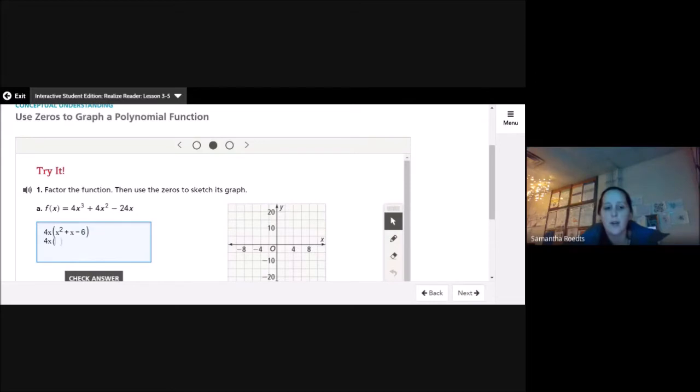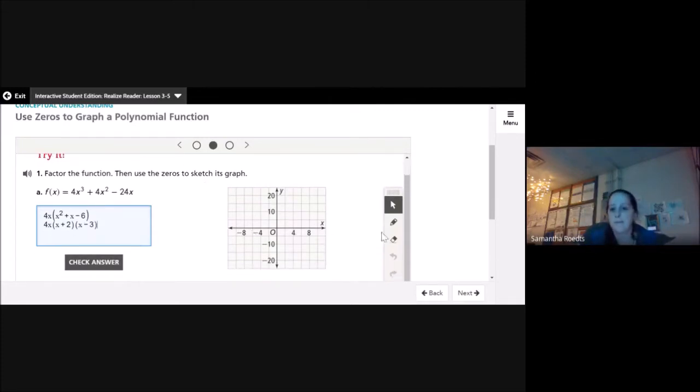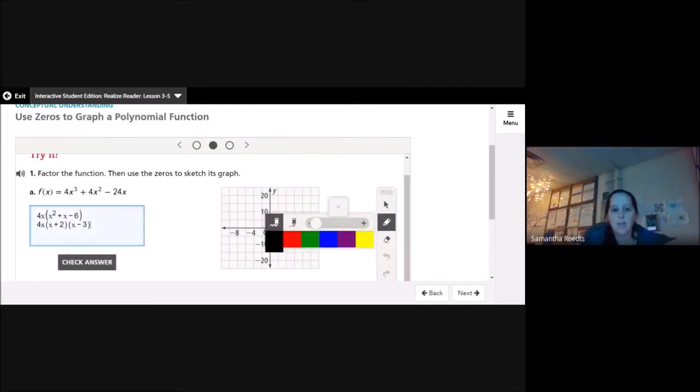Okay, so then I have 4x times x plus 2 and x minus 3. Okay. So that gives me zeros at x equals 0, x equals -2, and 3.